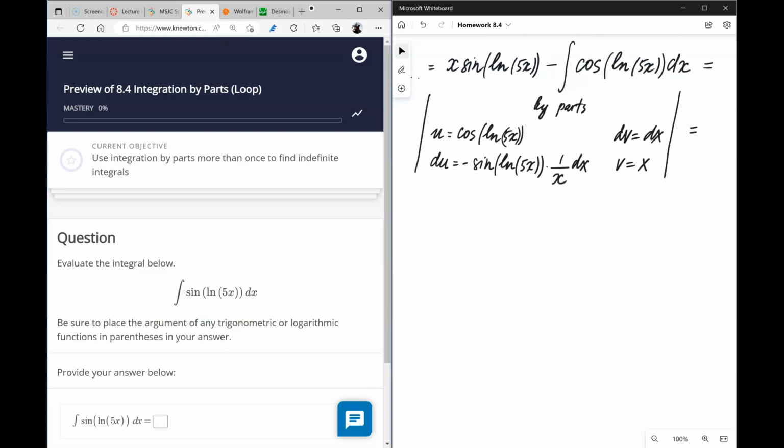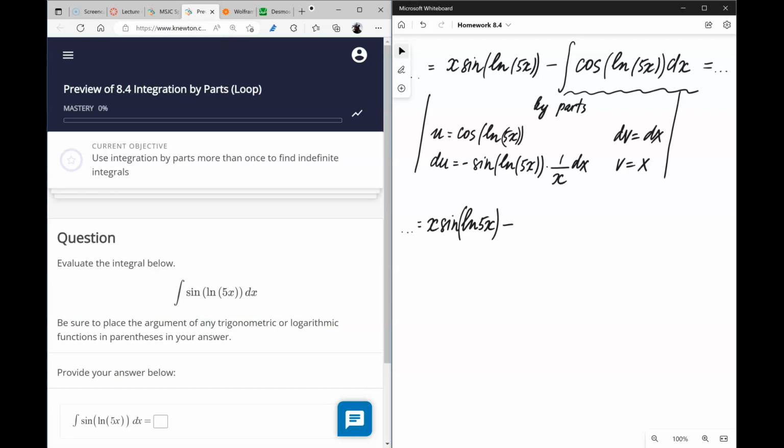But again, remember, the integration by parts only applies to this integral. So the first part remains the same. So we still have x sine of ln of 5x. That's not going anywhere. Minus, now we're going to plug in the results of this integration by parts.